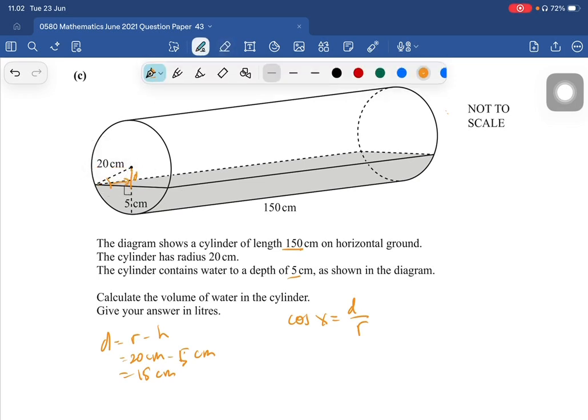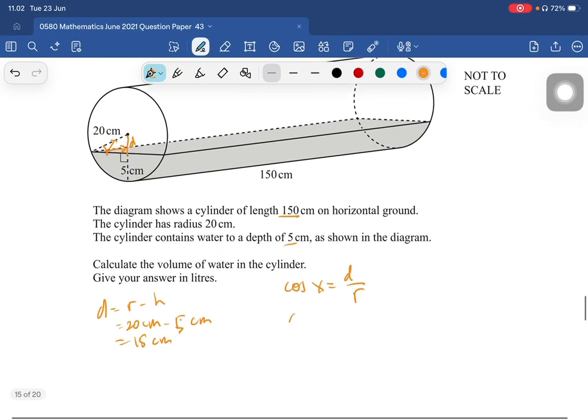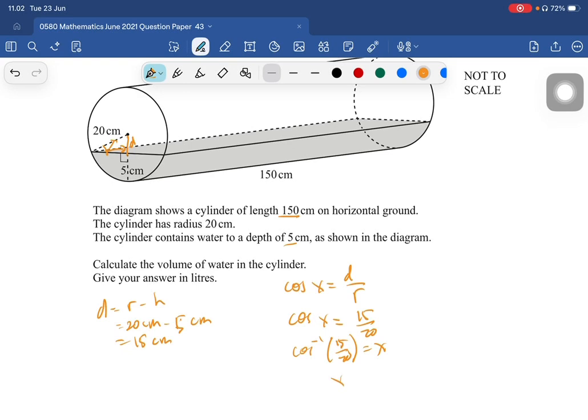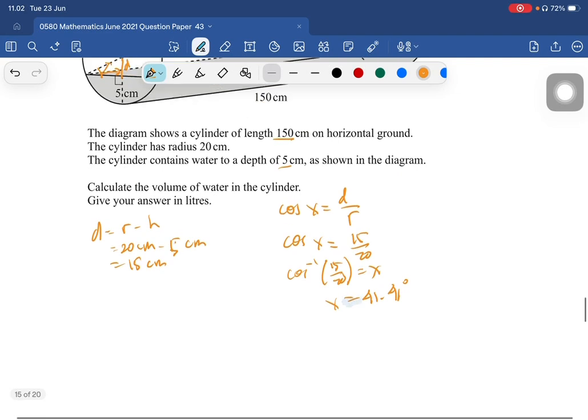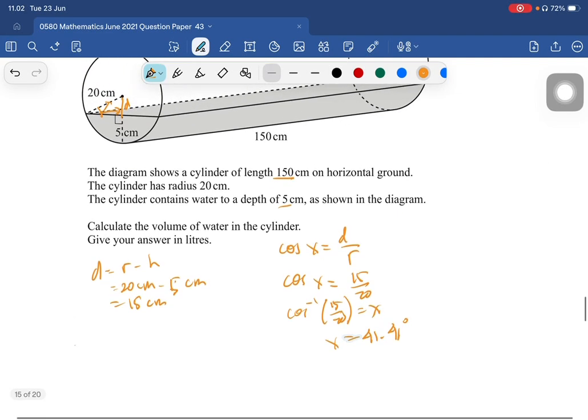Here is d, and here is r. So we can use cos. This is cos x equals 15 over 20. So x equals cos inverse of 15 over 20. So we got the angle as 41.41 degrees.